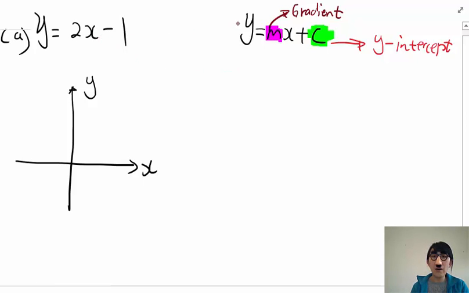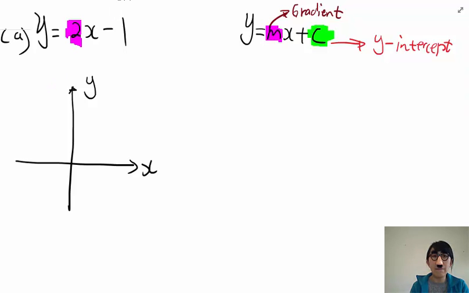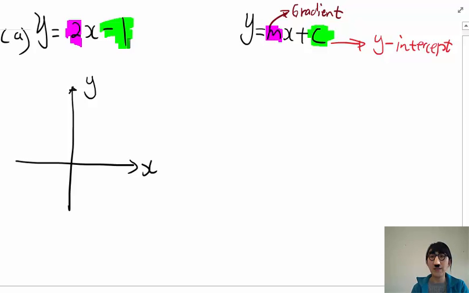Now compare this equation with the standard form. So we can say 2 is the gradient, and -1 is the y-intercept.